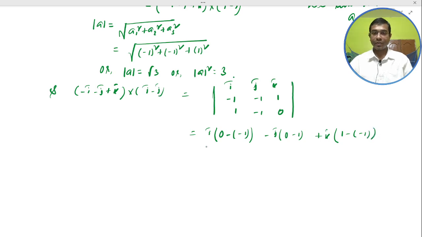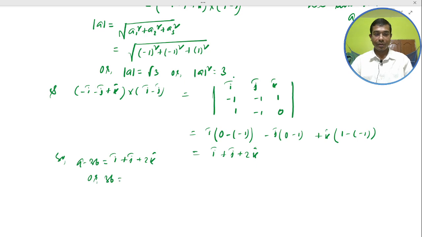So this would become i plus j plus 2k. So A minus 3B becomes i plus j plus 2k, or 3B equals A minus this vector, i plus j plus 2k.